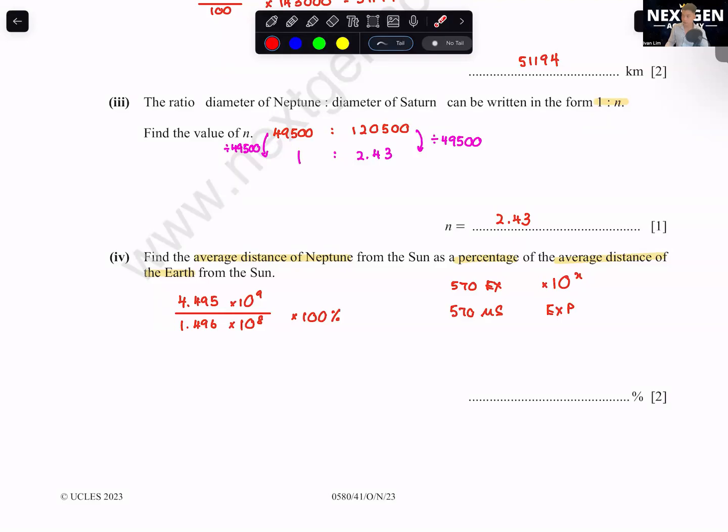Calculate this into your calculator. You see what you get here?